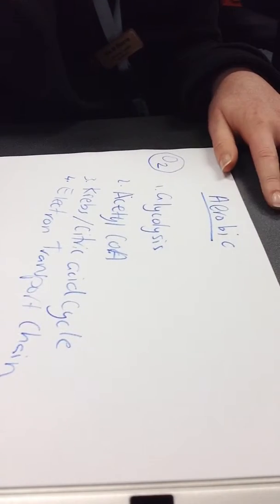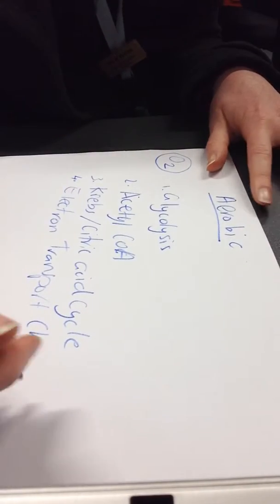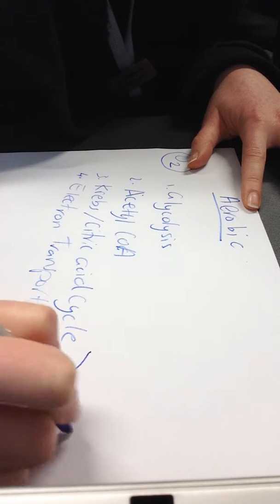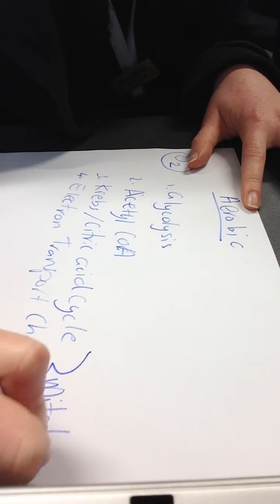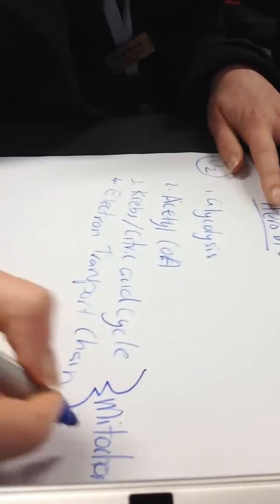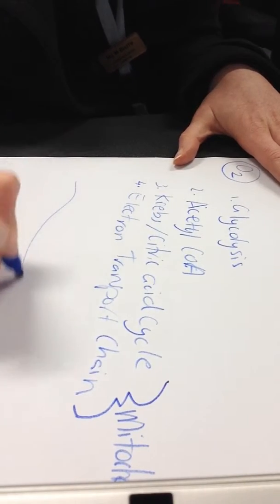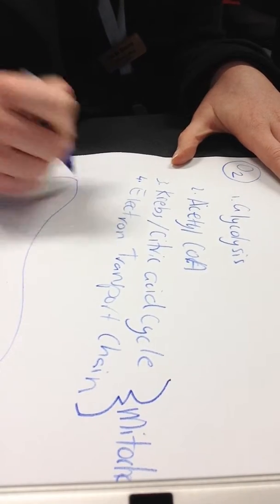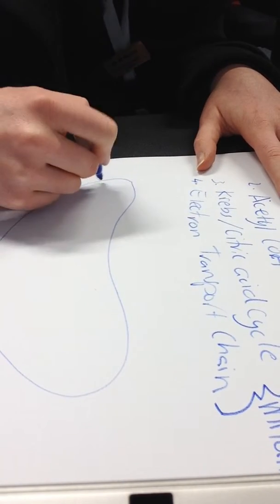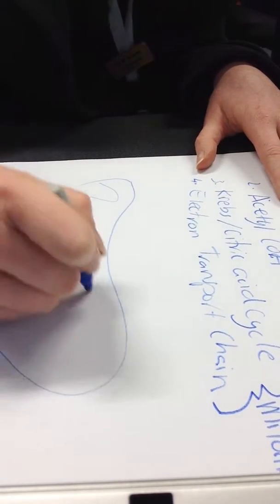The important thing to know about aerobic respiration is that for these 2 parts here, you need something called the mitochondria. The mitochondria is this kind of jelly bean looking thing, an organelle found in all living cells that undergo aerobic respiration.